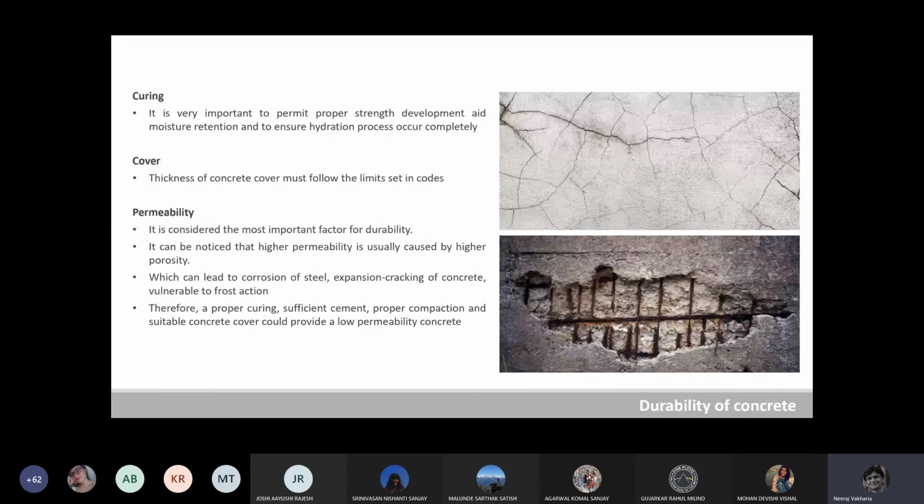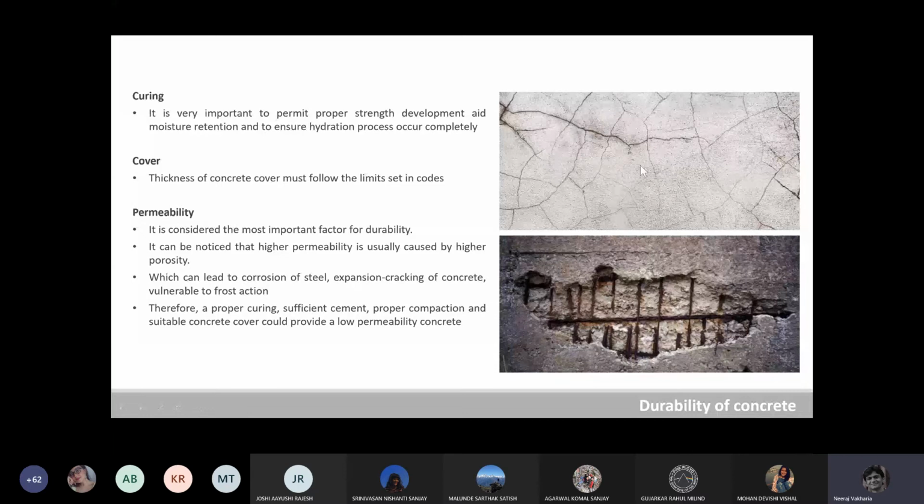Then comes curing. It is very important to provide proper conditions for curing the concrete to permit proper strength development, which aids moisture retention and ensures the hydration process occurs completely.